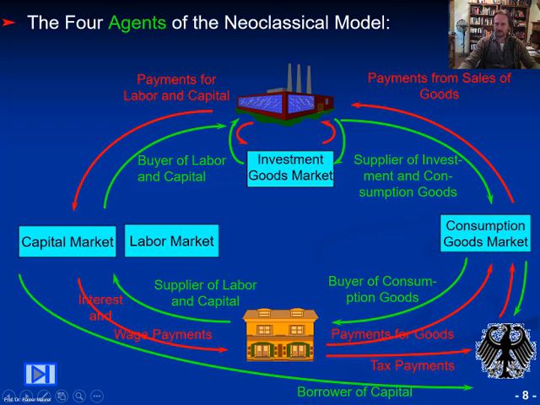So we have the government and the firms on the demand side of the capital market and the households on the supply side.